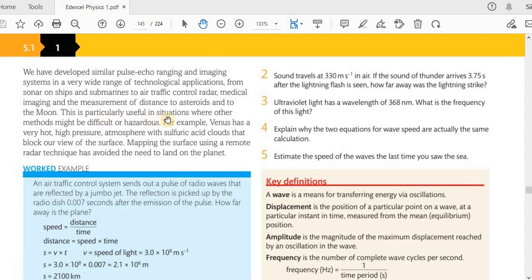This is particularly useful in situations where other methods might be difficult or hazardous. For example, Venus has a very hot, high pressure atmosphere with sulfuric acid clouds that block our view of the surface. Mapping the surface using a remote radar technique has avoided the need to land on the planet.